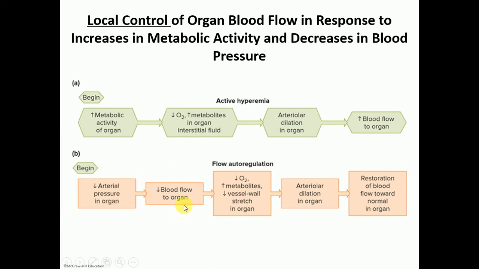So the blood flow to the kidneys is now less. That means there is less oxygen, and there's going to be an accumulation of metabolites. That is going to lead to a reflex dilation of the arterioles in order to restore the blood flow back to normal. So it really all goes back to this relative hypoxia and the accumulation of metabolic byproducts.